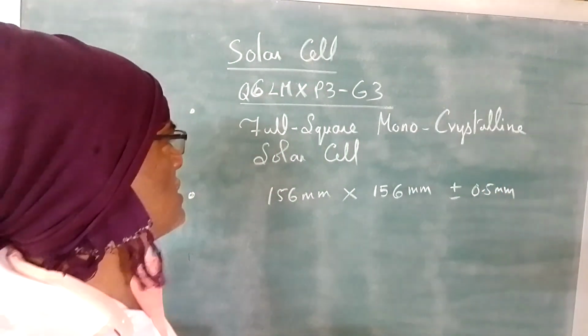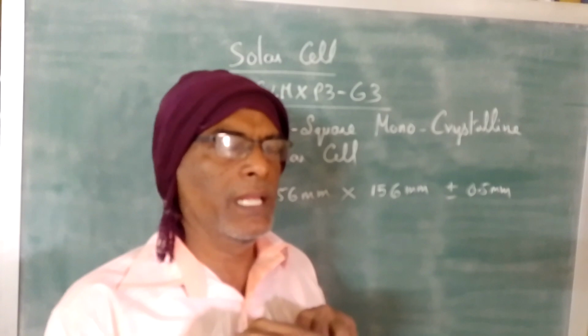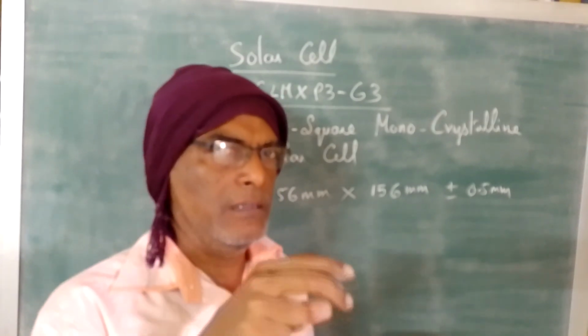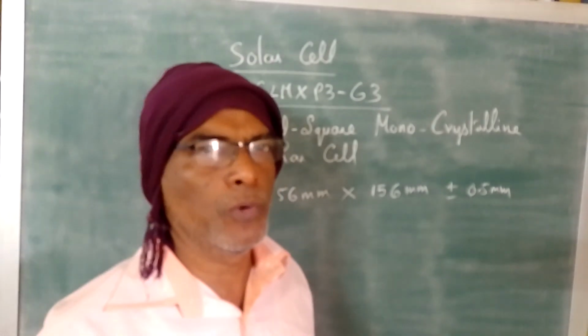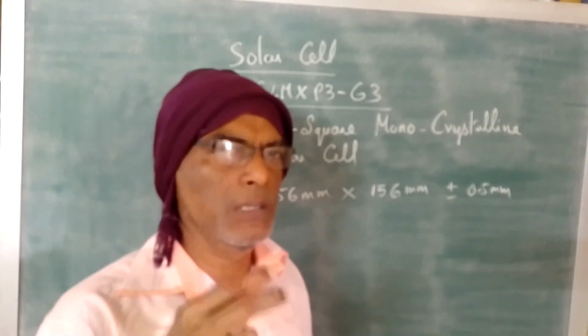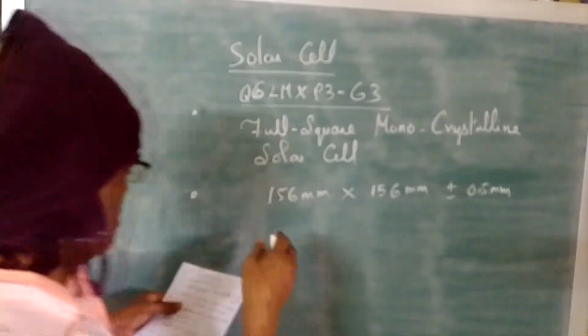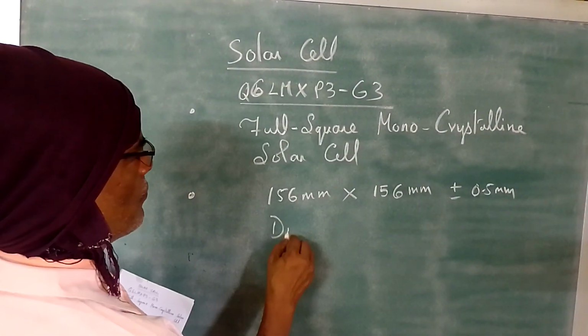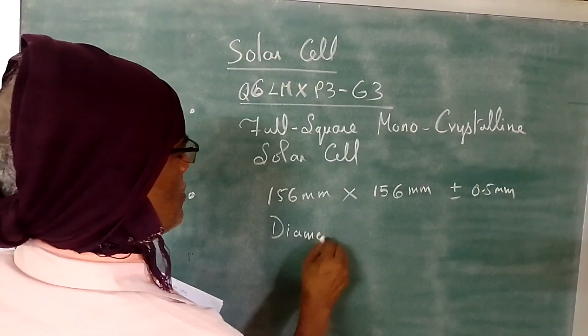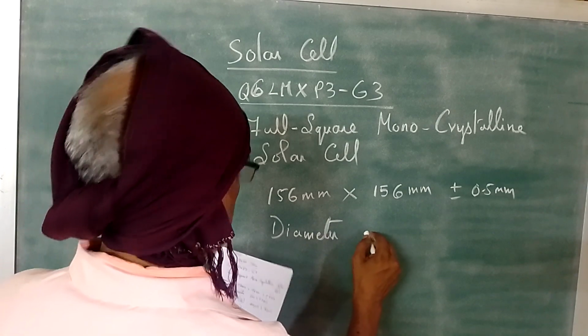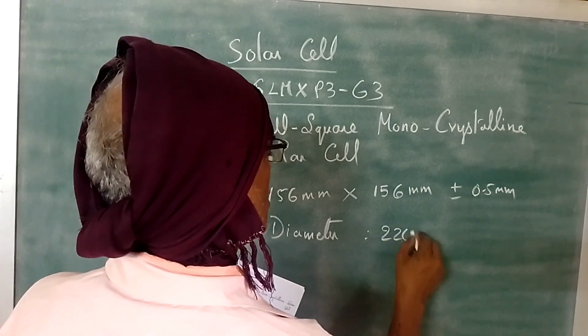So basically it is a square panel, but inside that the basic PV module, photovoltaic module or individual solar cell module, it will be in the circular shape. So this is then diameter. So diameter is 220 mm.